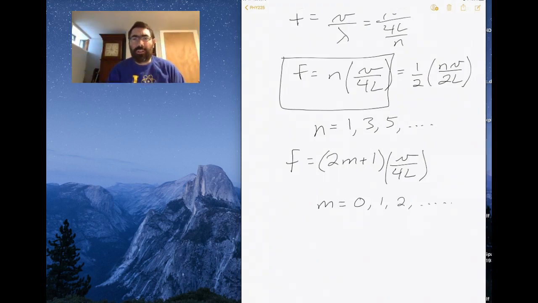So you can write it either way. You can either know that you're only going to get the odd harmonics out of a single-ended open pipe, or you can write it down in this way.